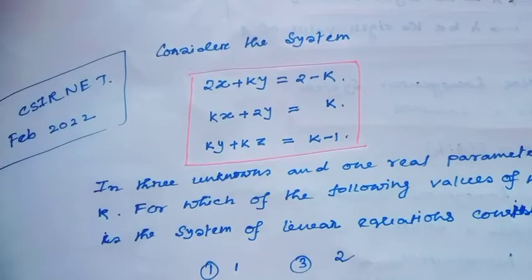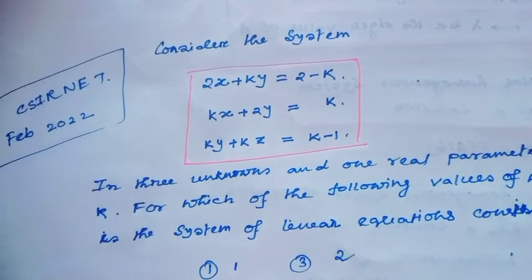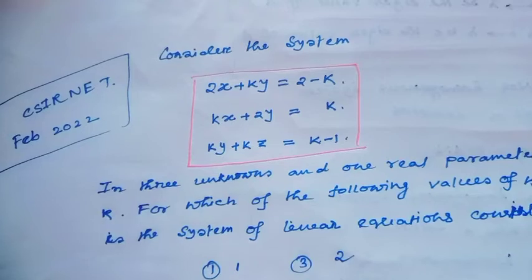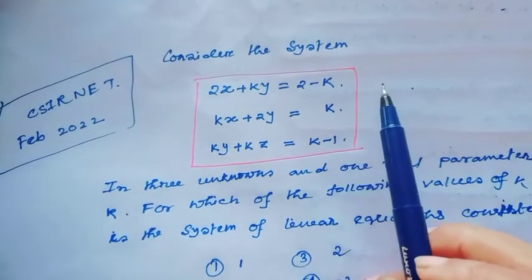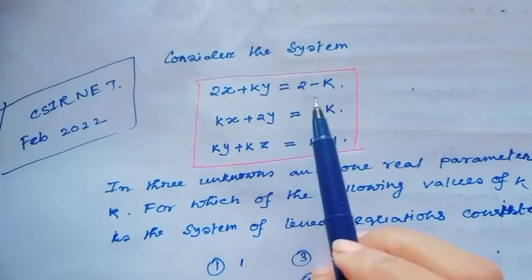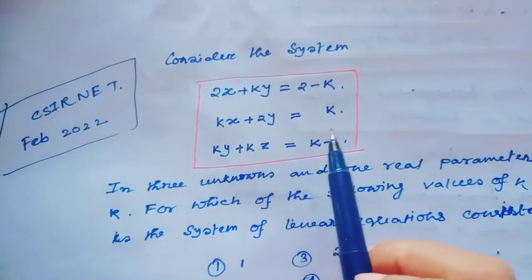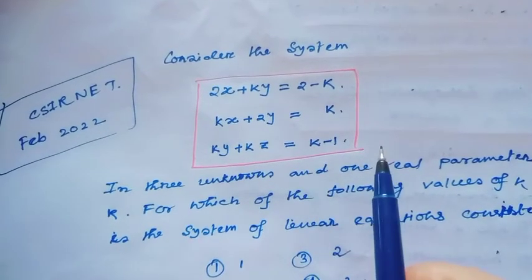Now I will show another system of linear equations which came in the CSIR NET February 2022 exam. The example is: consider the system of equations 2x plus ky equal to 2 minus k, kx plus 2y equal to k, ky plus kz equal to k minus 1.